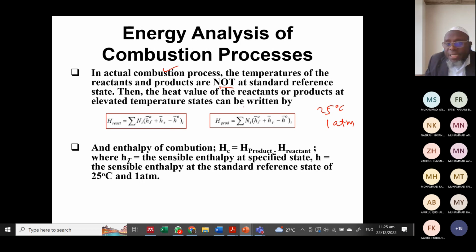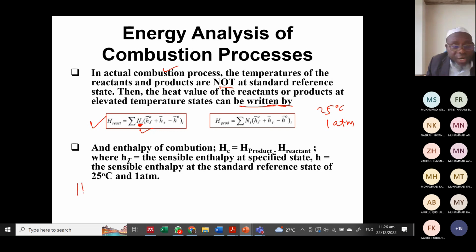Then the enthalpy values of the reactants or the products are evaluated at the actual temperatures. States can be expressed by this. The enthalpy of the reactant equals to, and this is very important. In final exams, most likely you will have questions where you need to use this equation. So let me explain it very clearly.